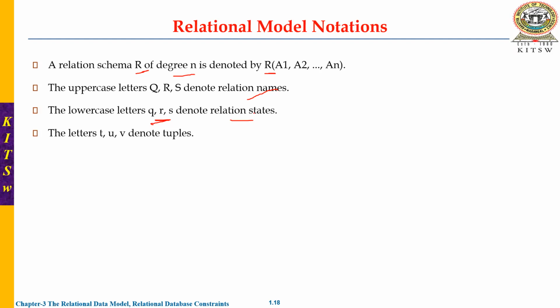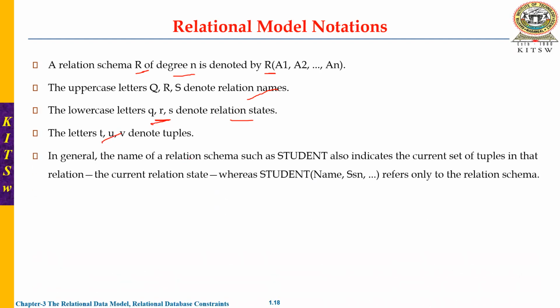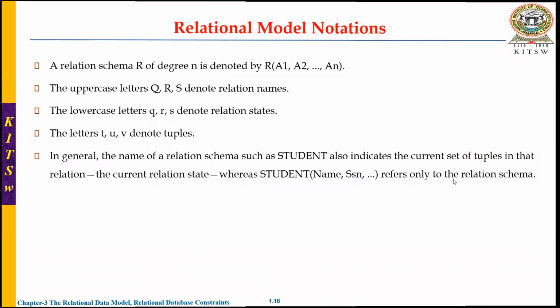Letters t, u, v denote tuples. In general, the name of a relation schema such as student also indicates the current set of tuples in that relation, the current relation state, whereas student name, SSN refers only to the relation schema.